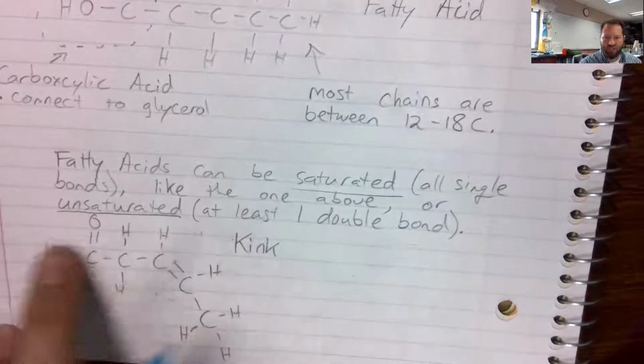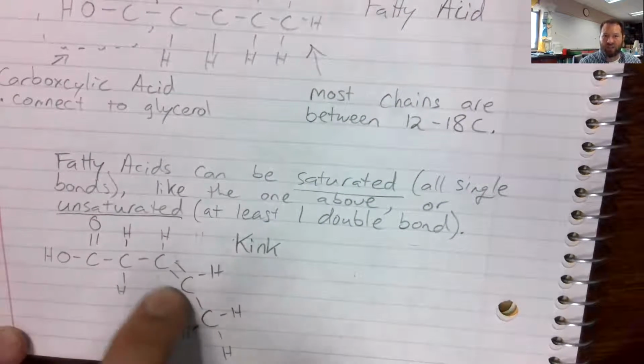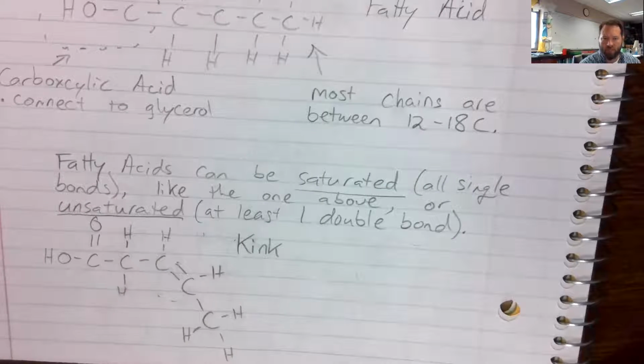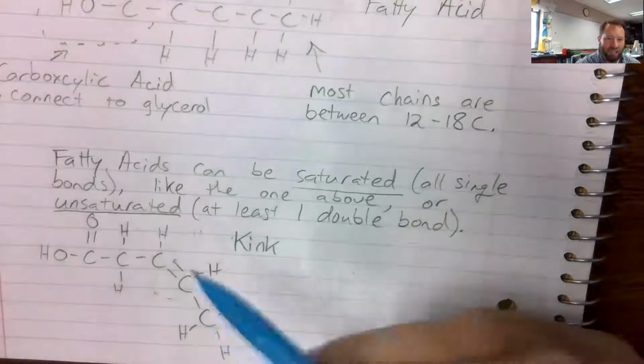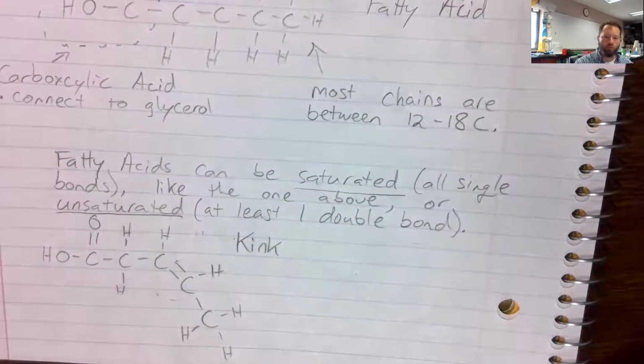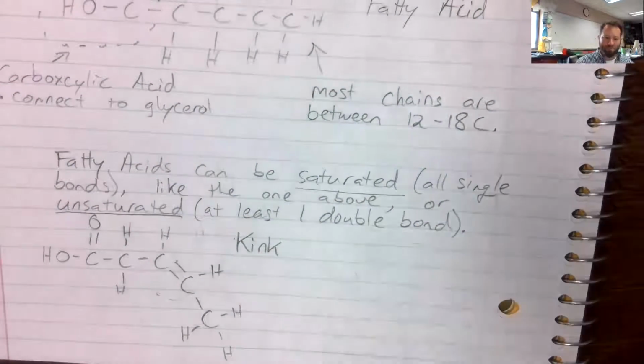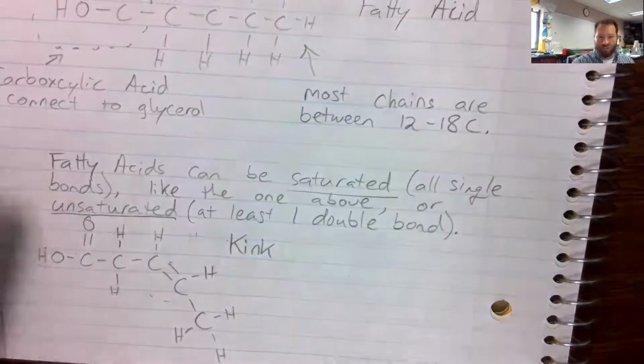It's now bent, it's kinked. Again, notice we've got one less hydrogen on each of these carbons. That's why it's unsaturated. And that kink is super, super, super important in biology. It has a lot to do with what's healthy and what's unhealthy, and how fluid your cell membrane is.